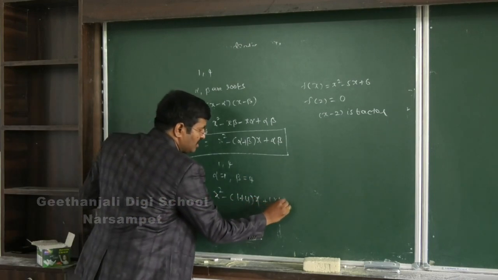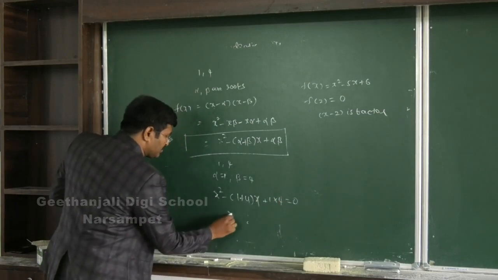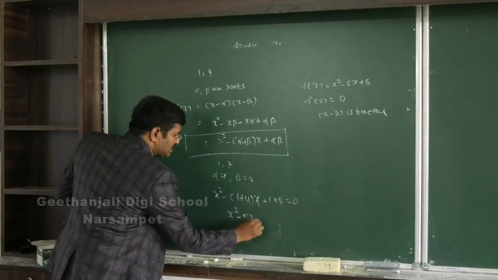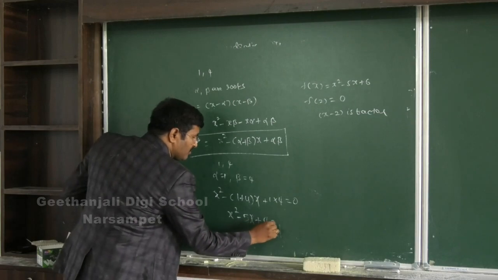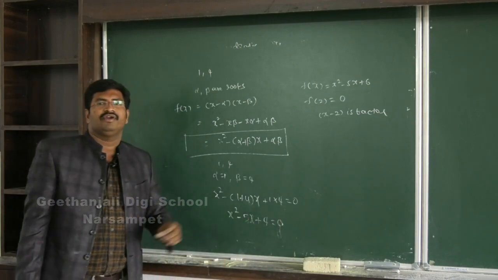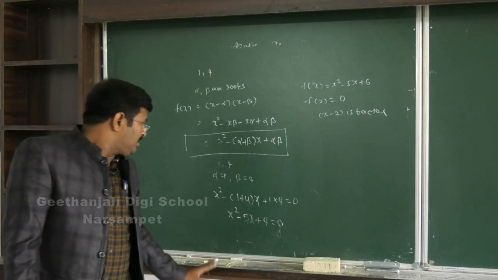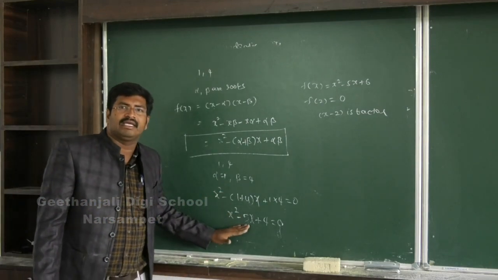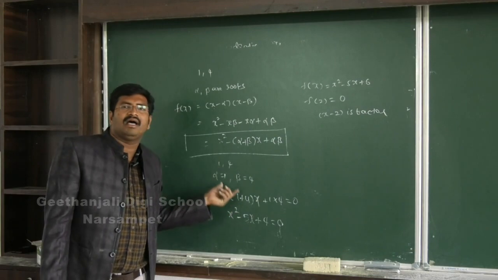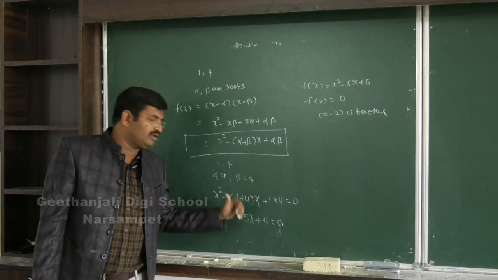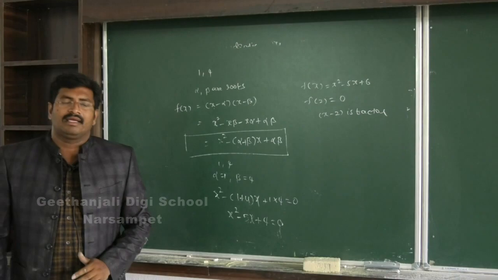Then 1 into 4 is equal to 4. So x square minus 5x plus 4 is equal to 0. This is the quadratic equation found by using the roots. If you know the roots, this is how to find the quadratic equation.